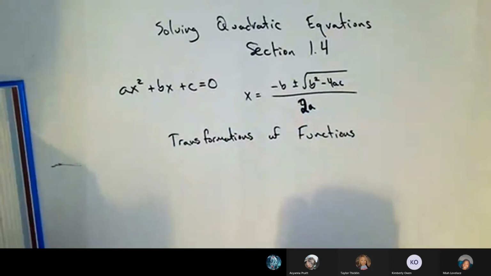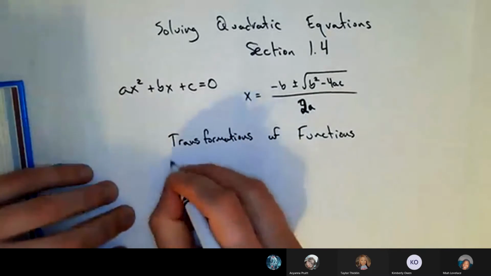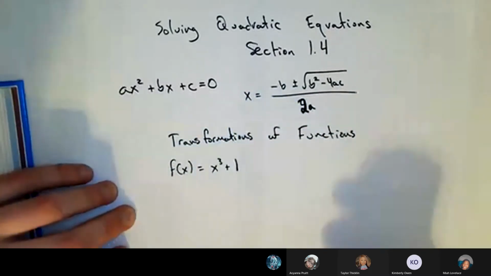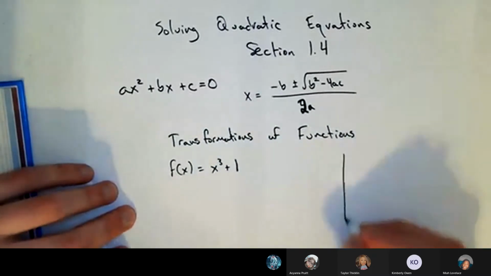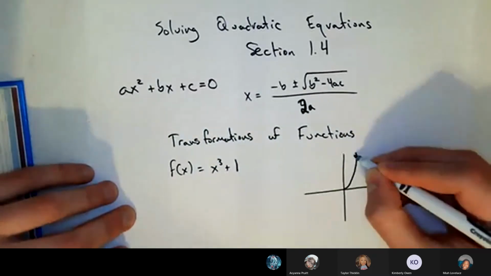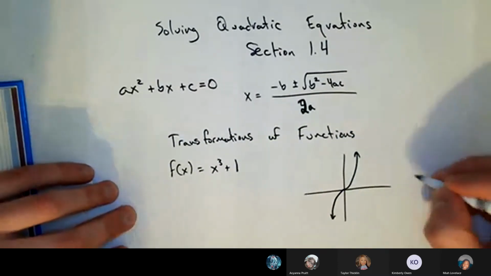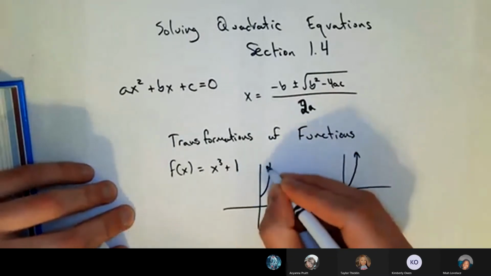So we're talking about, if you've got a function f of x equals x cubed plus 1, what does that look like? What does the base function look like? In this case, an x cubed graph looks something like this. And what does the plus 1 do? You've got to recall the plus 1 is going to scoot it up by 1. So that would scoot it up here by 1.